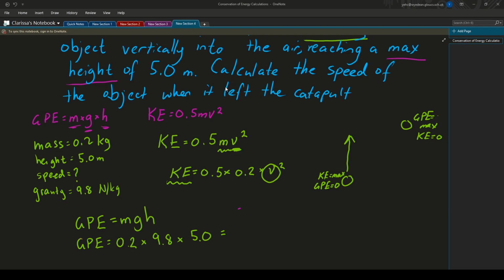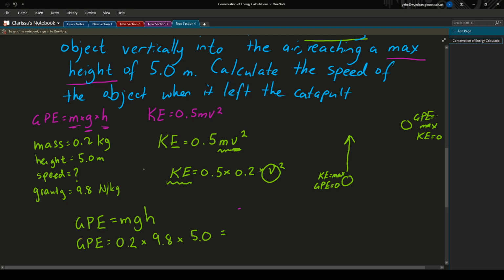I got 9.8. Did everyone else get the same number? Try it in your calculator, just in case I typed it in wrong. I got 9.8 joules.